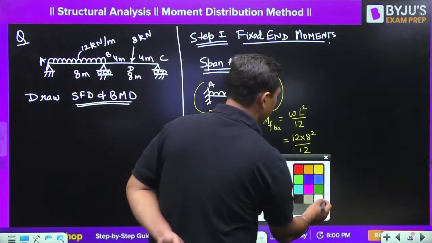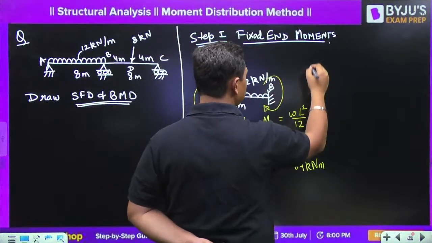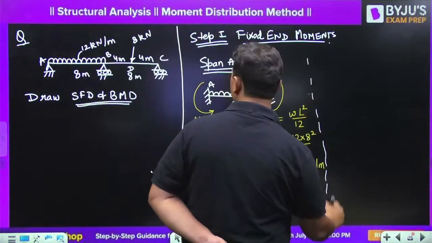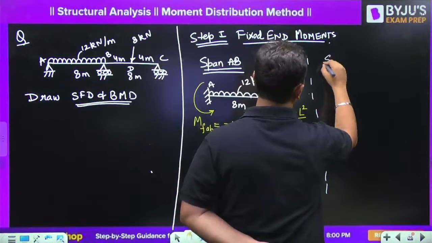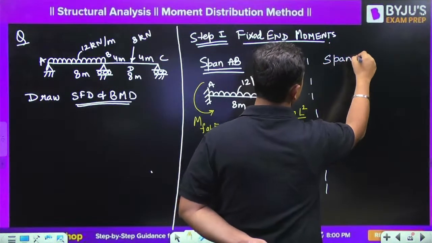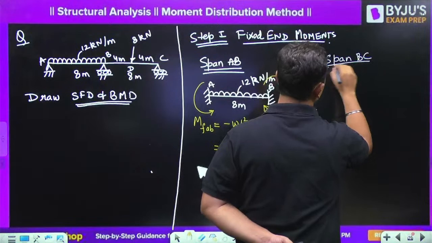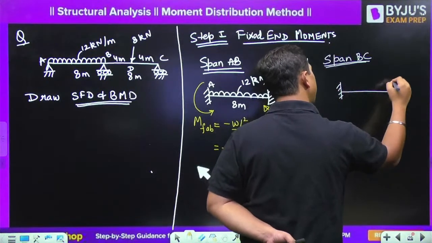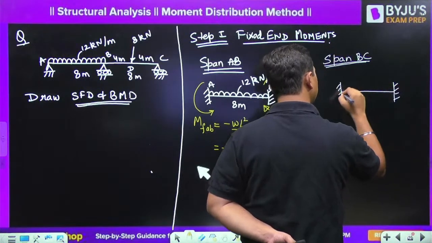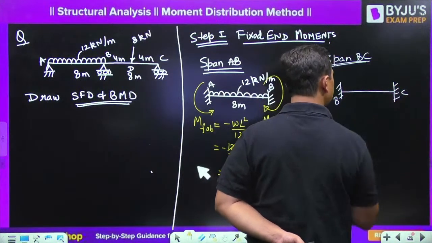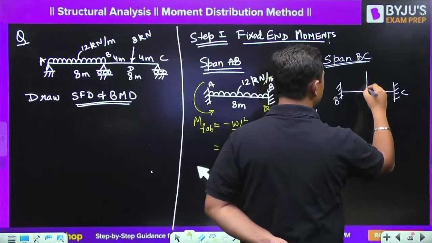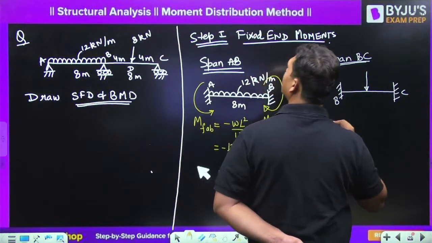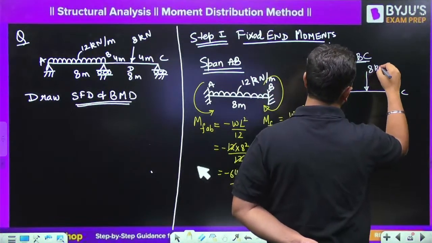Similarly, find out for the span BC. So you will make the ends fixed for the span BC, and it is subjected to a point load at this location whose value is 8 kilonewton.